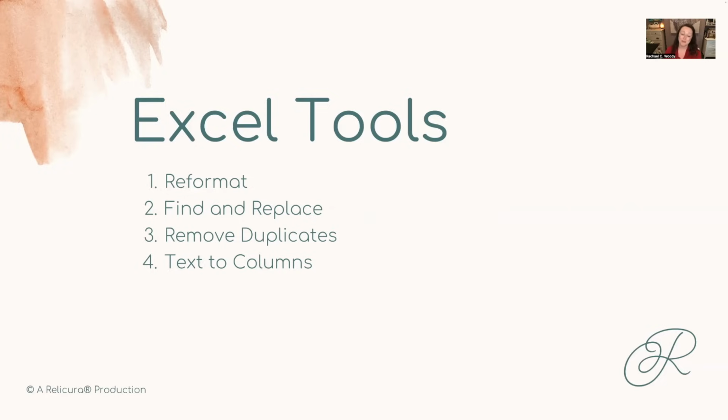We'll take a look at how to remove duplicates, which is a little bit more complex but incredibly helpful. And then we're going to take a look at text to columns, the basic version of which there is then an advanced version and Power Query. So we'll hop into Excel and execute each of these.